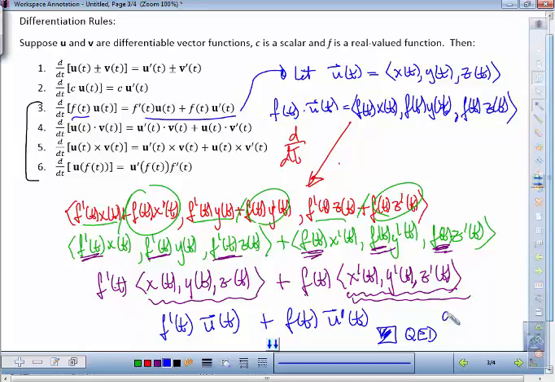I don't know how to speak Latin. So, quod erat demonstrandum. Hopefully it's right. All right, so that's the end of the proof, and we've proven this one right here.